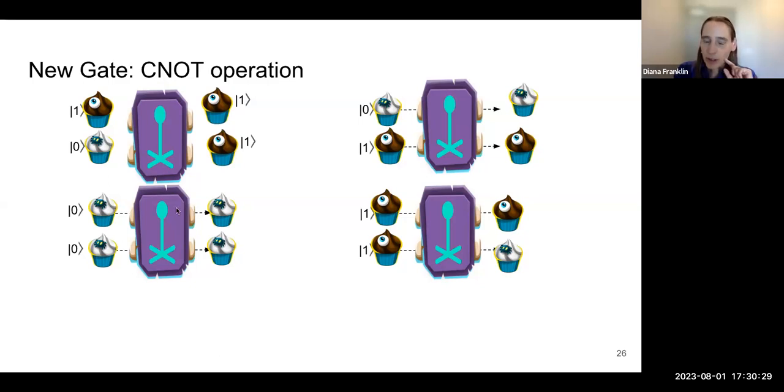I think I spoke wrong. If the top one is vanilla, nothing happens. If the top one is chocolate, the bottom one flips. Okay? And this ends up being very key to quantum, but unfortunately, we won't quite get there today. But this is a super important operation.